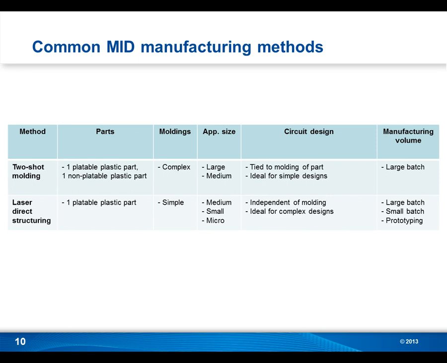Now you can imagine this is fairly complicated and really cost intensive, and this makes it really hard to come up with complex designs or change designs because everything is part of the molding part. So the process is kind of like a toothbrush that's made out of two different plastic parts. So that's kind of how you can imagine this, and it's using one part of plastic that's platable and one part that's non-platable. So again, the circuitry is really a function of the molding part itself or the molding tool itself.